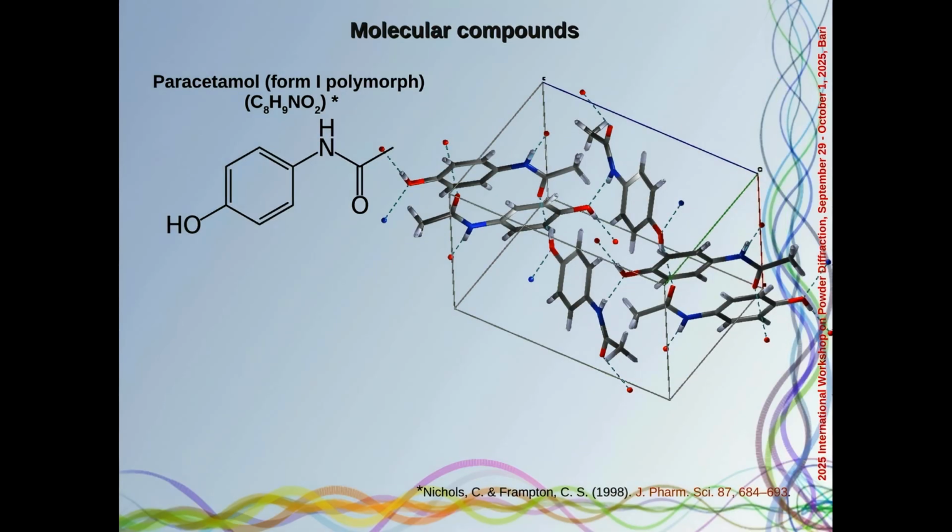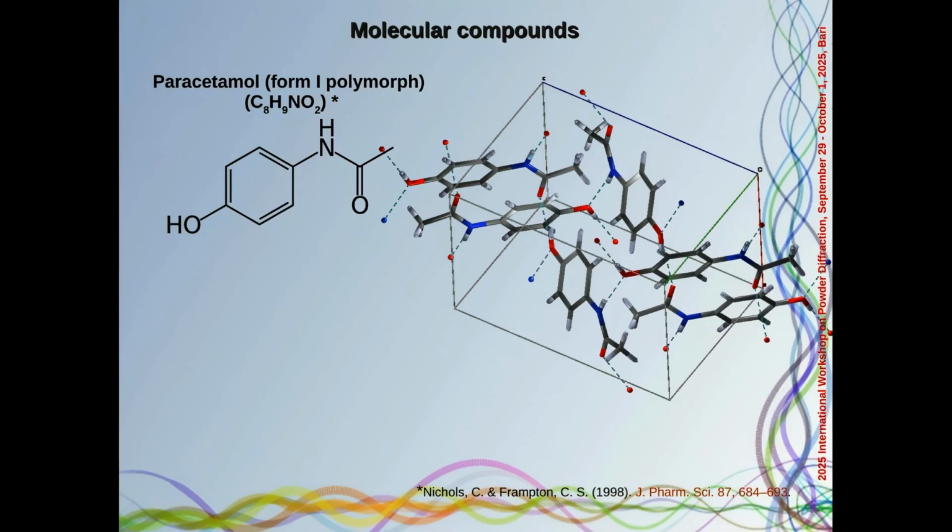Typically, the programs used for real space methods are applied to molecular compounds. The reason is that in molecular compounds you have molecules in the solid state that are isolated building blocks, connected by weak intermolecular forces, for example van der Waals forces or hydrogen bonds.